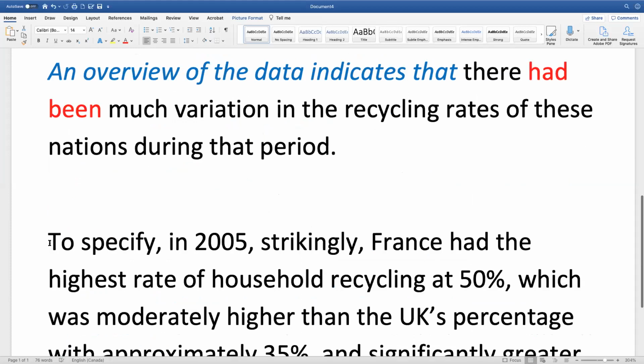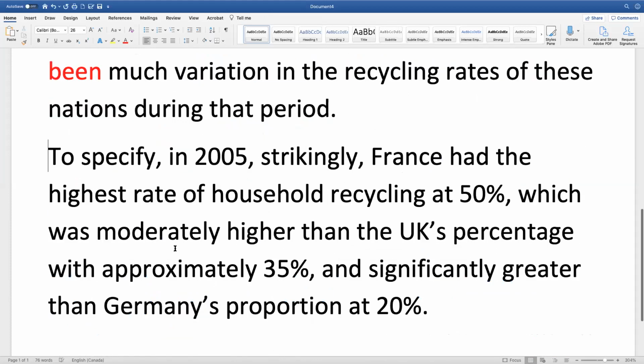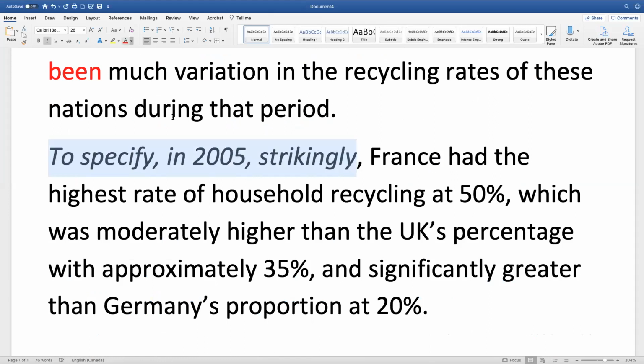So, to specify in 2005, strikingly is our first connector. France had the highest rates of household recycling at 50%. Now we connect that to the second, okay?